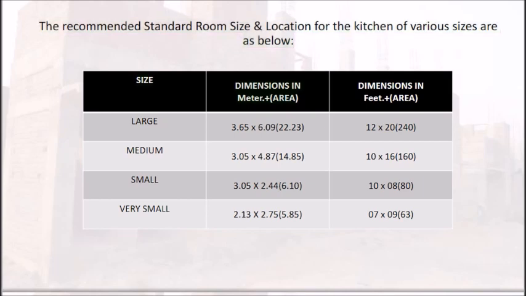Size, dimensions in meter plus area, dimensions in feet plus area. Large: 3.65 x 6.09, 22.23; 12 x 20, 240. Medium: 3.05 x 4.87, 14.85; 10x16, 160.